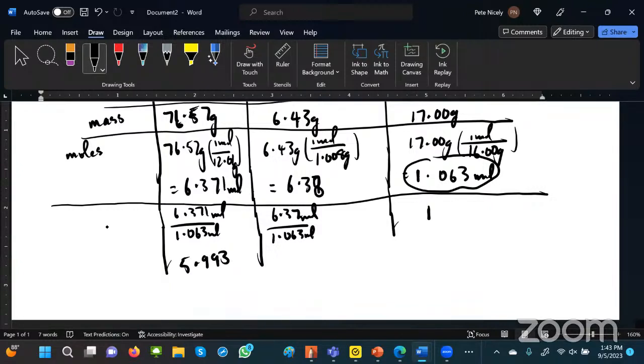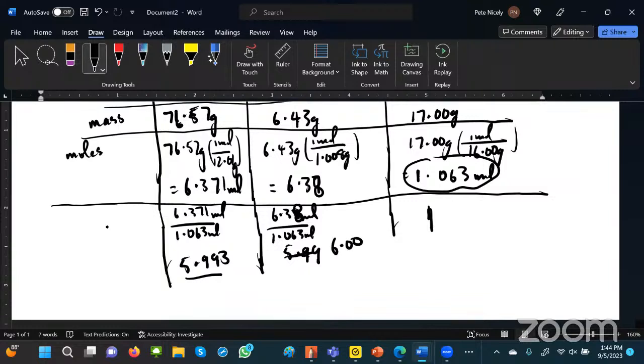And then for the next one, 6.37 divided by 1.063, that works out to be equal to 5.99, and that is 1, right? Now, when we get a result like this, where we have this number here, which is very close to an integer, we simply, oh, you have a question? 6.38. All right. I don't think that changes the result much, but you're right. 6.38 divided by 1.063 gives you 6.00. Doesn't change the result much.